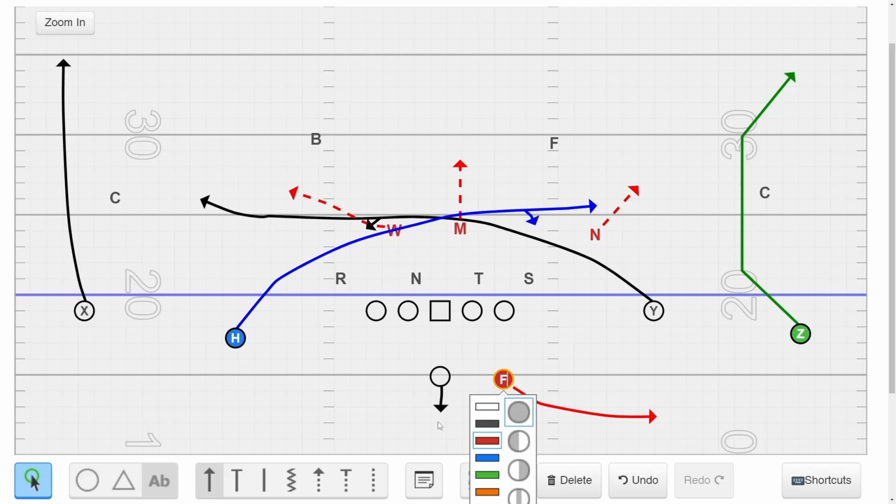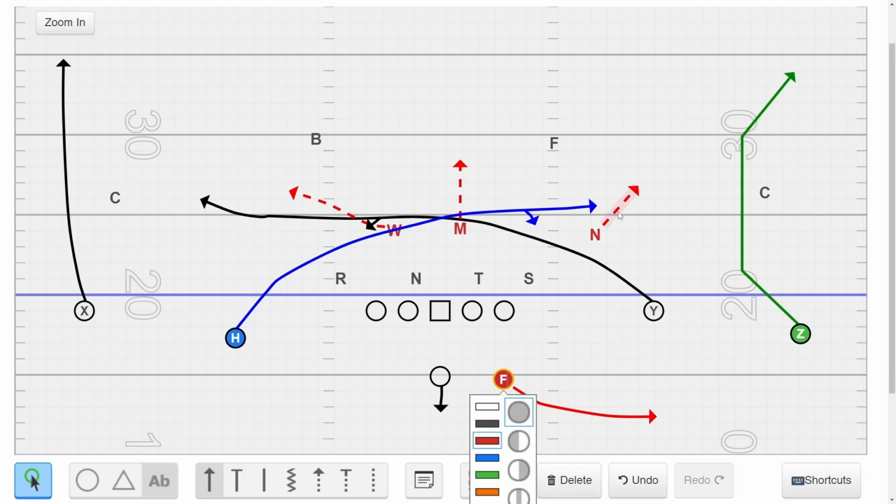If he's not there, then we're looking to the space occupied by the H, and he's either going to be running out or he's going to be sitting down. So that would be number 2. So we're 1, 2. 2 is covered. We look to get the ball to our outlet route, which is our check to the running back on the bubble.